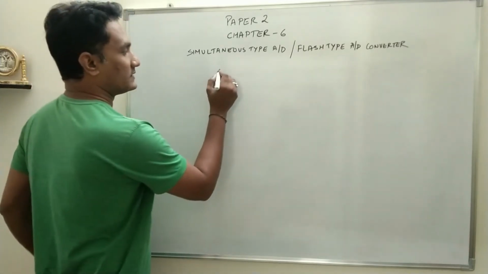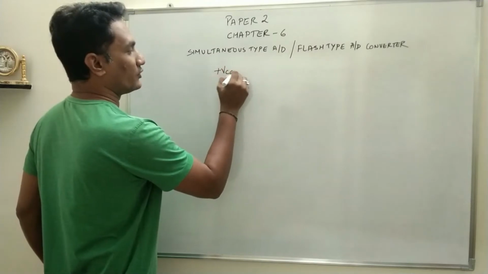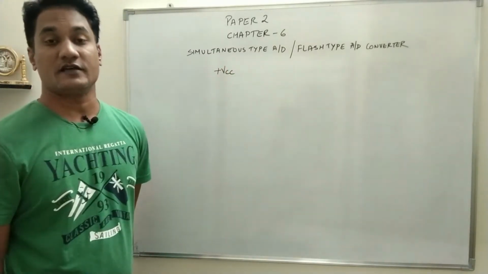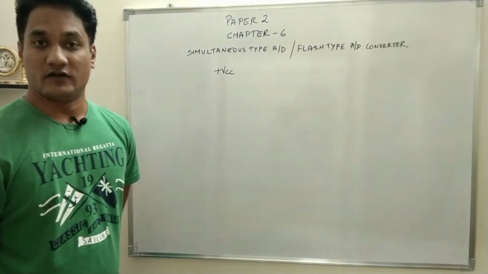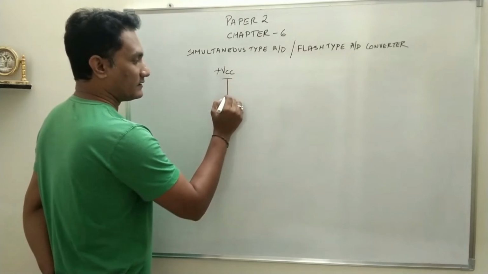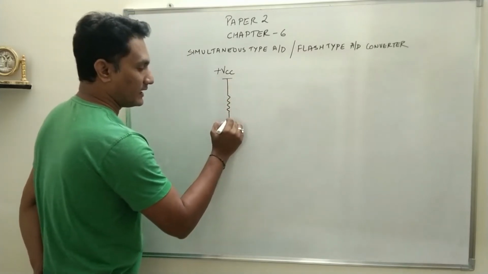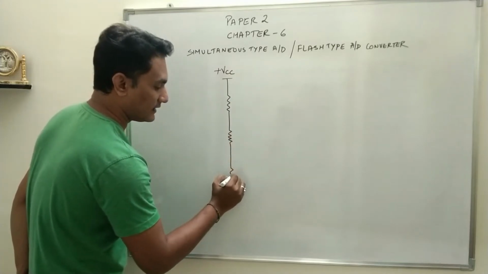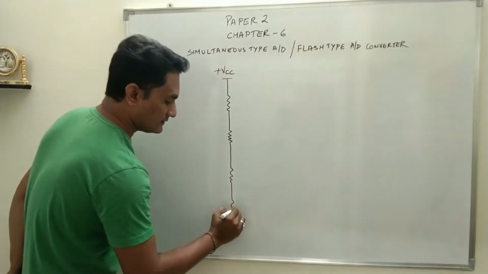So let us say there is a positive potential which is applied. I will take a generalized value and then we will take a specific example to understand the working. So a positive supply is applied to 4 resistances connected in series.